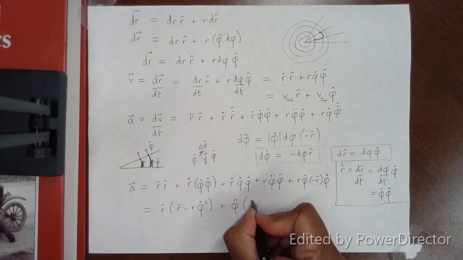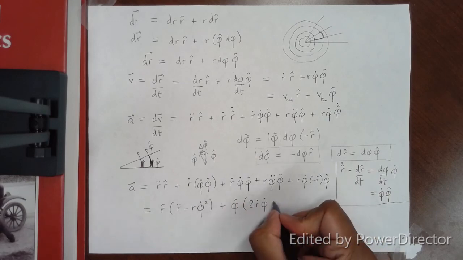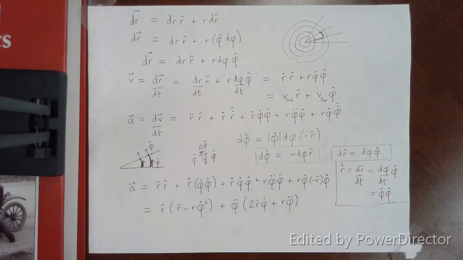These two combine into 2r dot phi dot, and then we also have this term over here. Now, of course, this isn't particularly illuminating, but we can check it by looking at certain special cases.